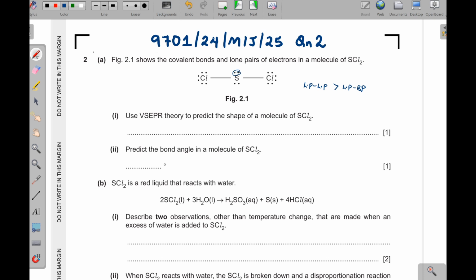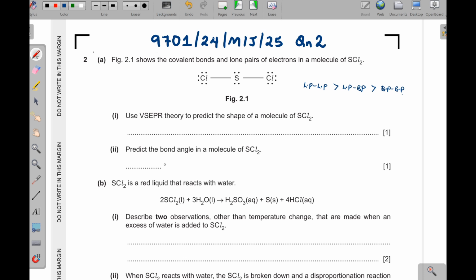So this is a lone pair and then the bond pair here. The repulsion between these two is less than the repulsion between lone pair and lone pair. You see that? And then we also have bond pair and bond pair, so the lone pair bond pair repulsion will also be greater than the repulsion between bond pairs.